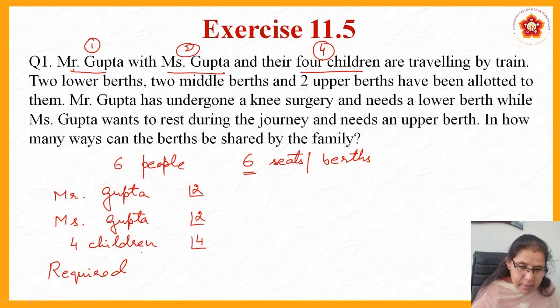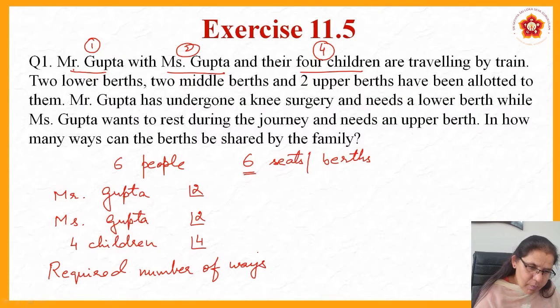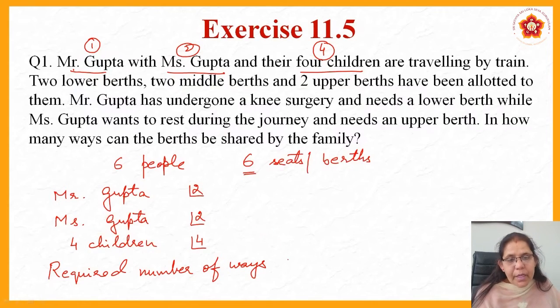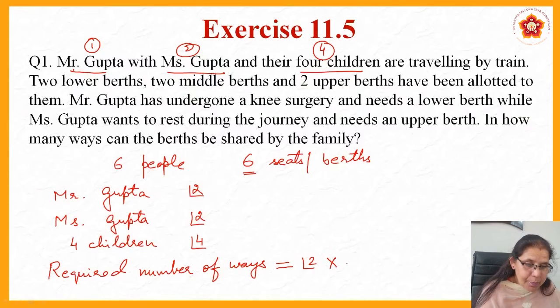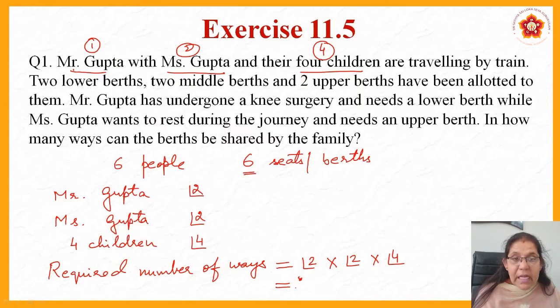So we need to find in how many ways the berths can be shared by the family. The number of ways in which the berths can be shared by the family is equal to factorial 2 multiplied by factorial 2 multiplied by factorial 4. Find the answer. Factorial 2 is 2.